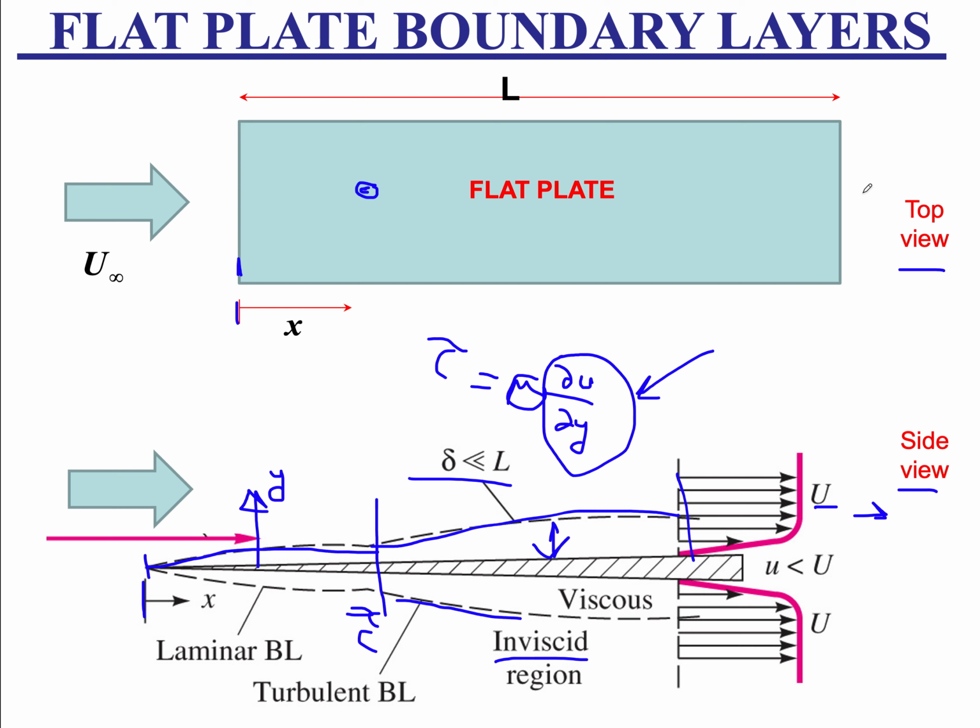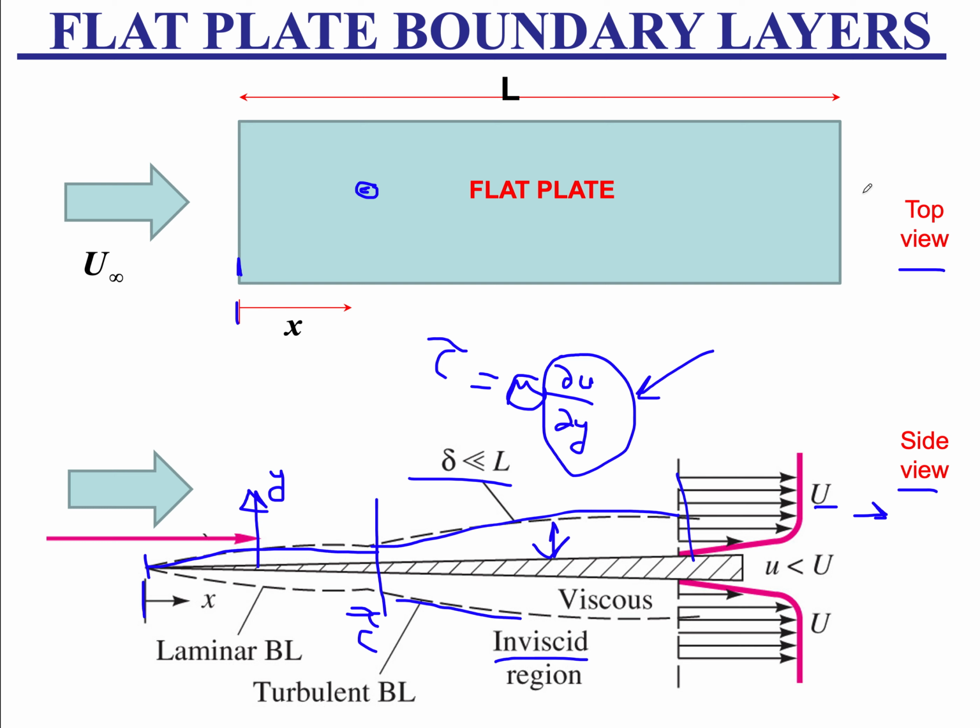So how is this going to help us predict the shear stress? The boundary layer theory is going to help us predict what the shear stress distribution is going to be over the surface of an airfoil. You see here, we started with an airfoil.